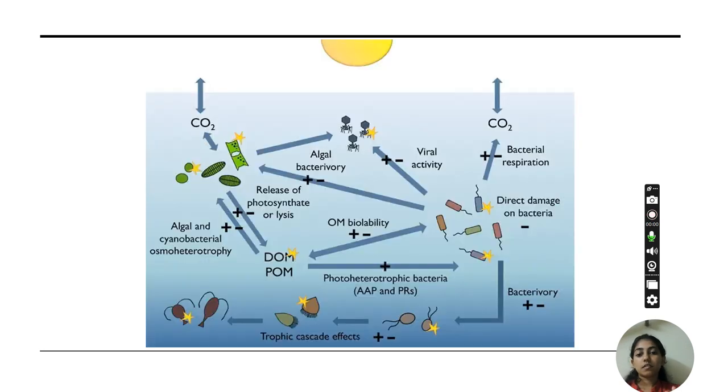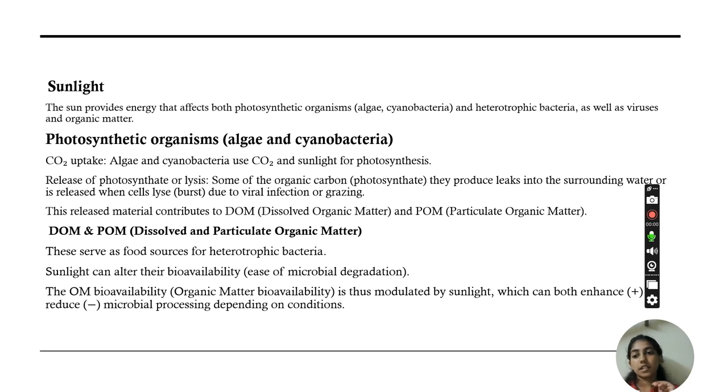Then this is a detailed flow chart about microbial loop in marine ecosystem. So let's break it down into a much simpler version. First is sunlight. Sun provides energy that affects both photosynthetic organisms and heterotrophic bacteria, as well as viruses and organic matter.